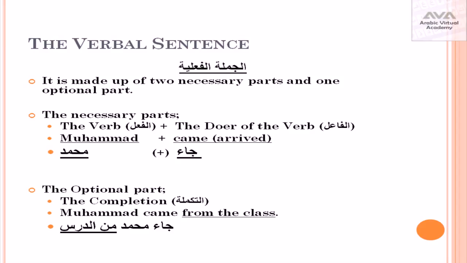This min ad-dars, this jar wal majroor, is considered to be a takmila. It completes the sentence, but it's not necessarily a necessity. And these are the three parts of the jumla fi'liya. Two of them have to be there, the fi'l and the fa'il, and then we have a takmila.